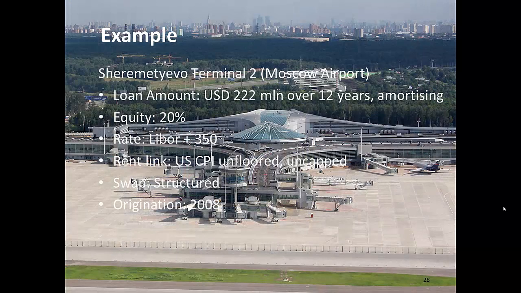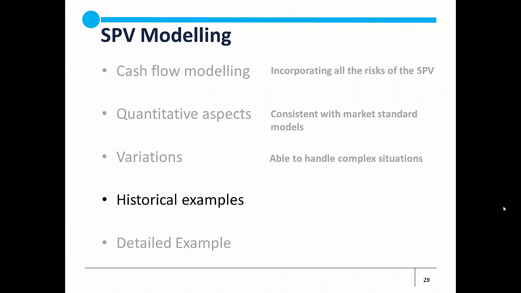And the other one is Terminal 2 of Sheremetyevo Airport, Moscow's international airport. So in terms of history of these sorts of models, they have been used in the past for some pretty high value and high profile trades.